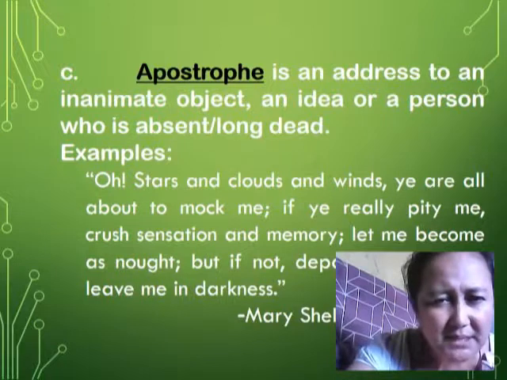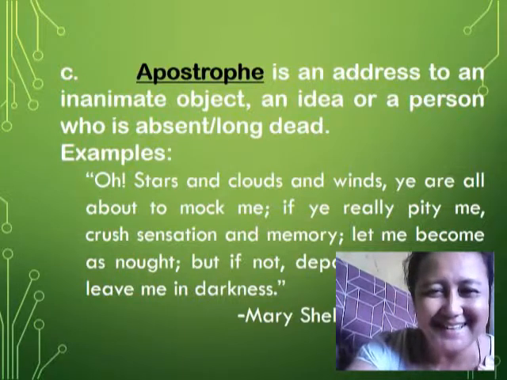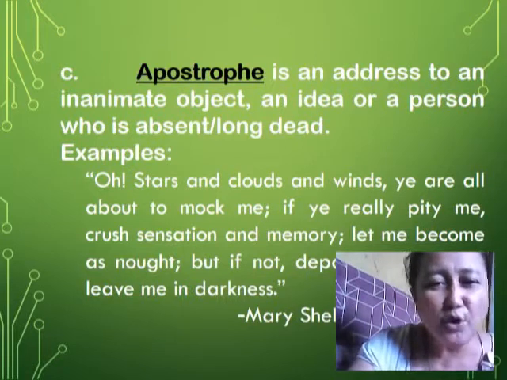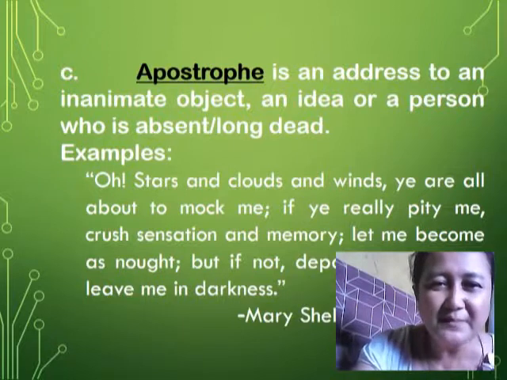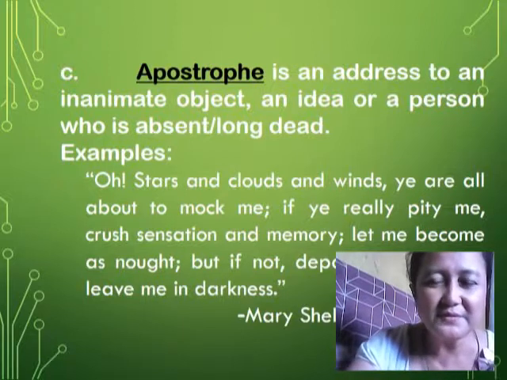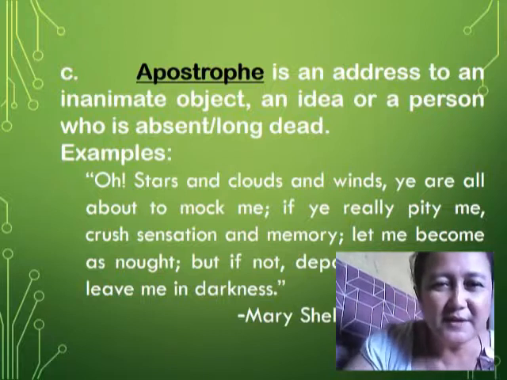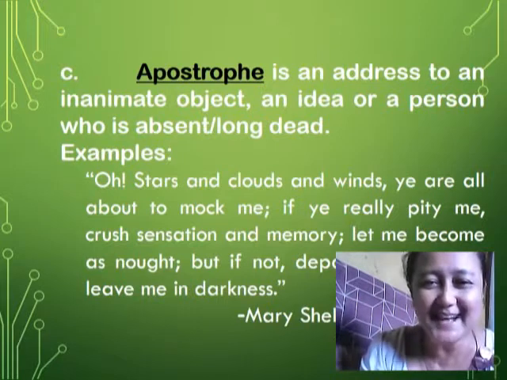If you really pity me, crush sensation and memory, let me become a snot. But if you part from me or leave me in darkness. So you are addressing an inanimate thing or a dead person, for example. So here it is a reference to the stars and clouds and the winds in the sky.